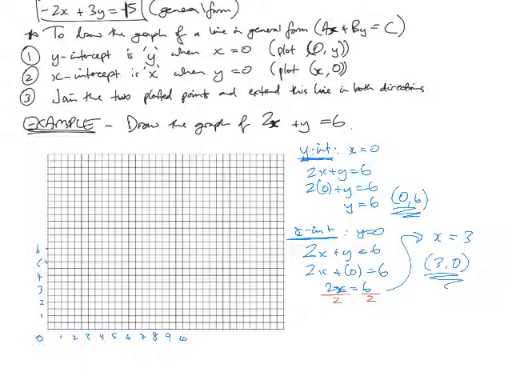Sorry, 6 is in line with that. 7, 8, 9, 10. And so now our points are 0 and 6, and 3, 0. And so that is our line there.